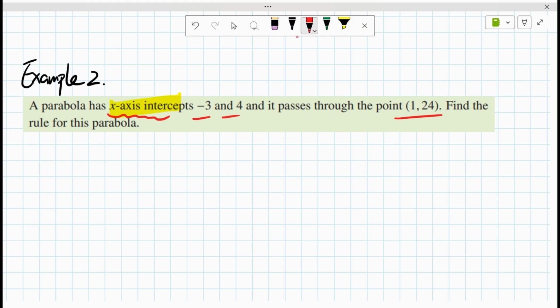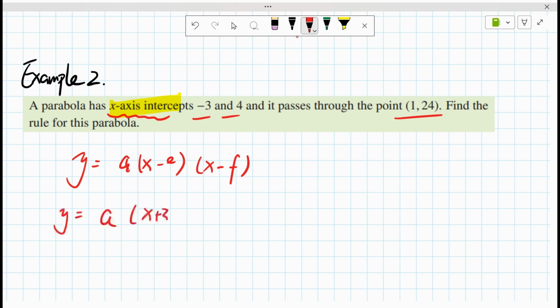The first form is y equals a(x minus e)(x minus f), and whatever letters you use, I just follow the rule and what they actually give. Now we know e can be negative 3 and f can be 4, so we can rewrite it as (x plus 3) and (x minus 4). Be careful, that's minus negative 3, so that becomes plus. And if it's positive, keep the minus.